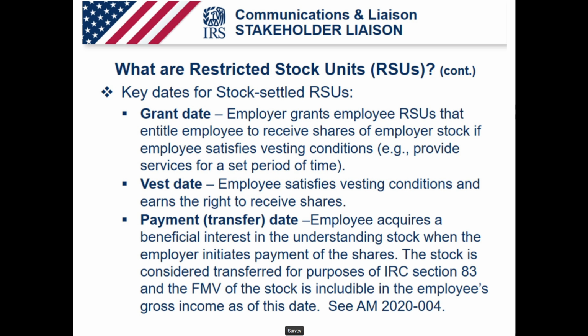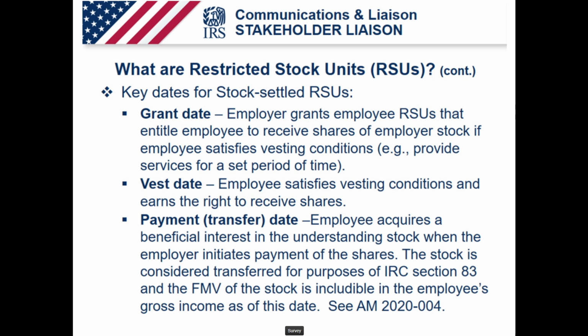The terms and dates you need to understand for stock-settled RSUs are the grant date, the vesting date, and the payment date, also known as the transfer date. The grant date is the date the company promises restricted shares of stock to employees or others. The vesting date is the date when the set schedule and restricted conditions are satisfied and the stock is eligible for the individual to take full control.